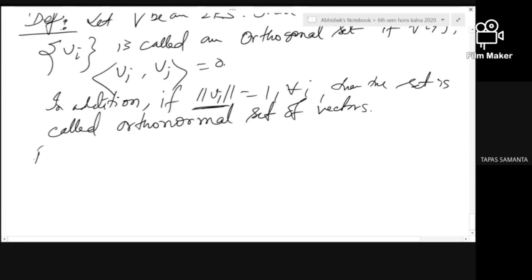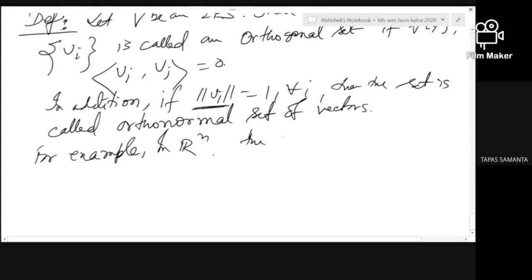For example, in Rn, we know the standard basis, which is E1, E2, ..., En.